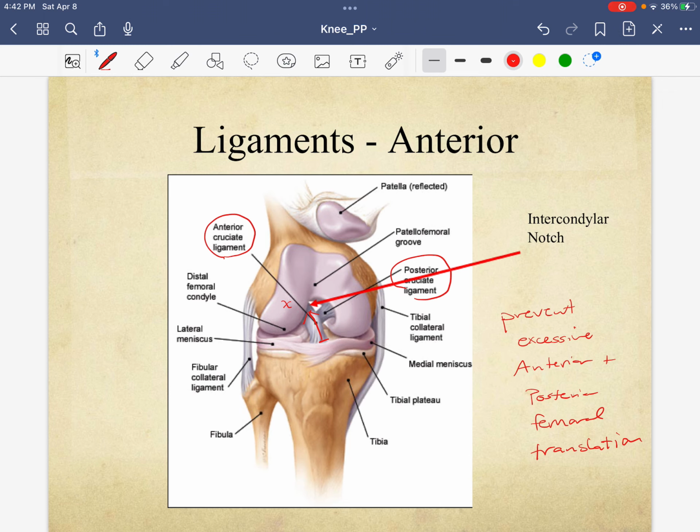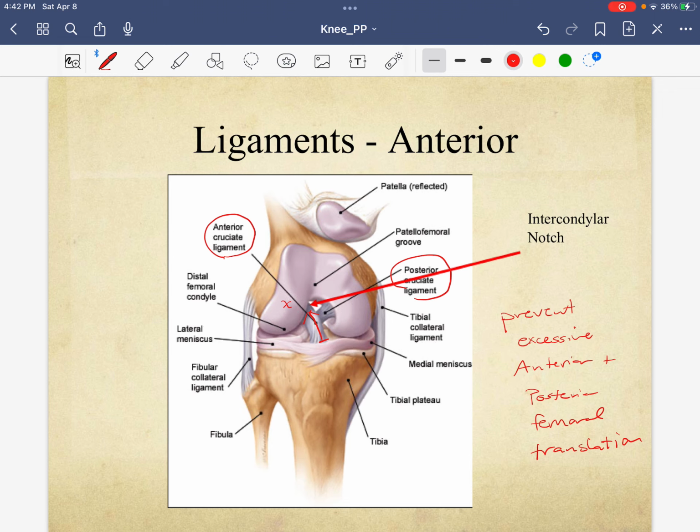This isn't like a ball and socket where the head of the femur fits like a glove into the socket. We really just have two bones resting on top of each other, and that's it. So to prevent the tibia or the femur from moving too far forward or backward, we have these ligaments.